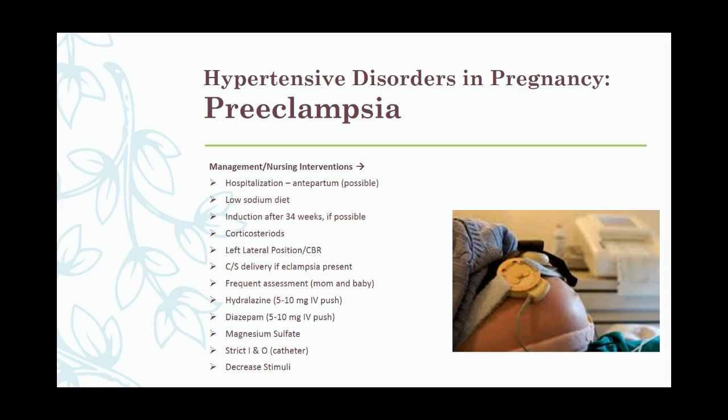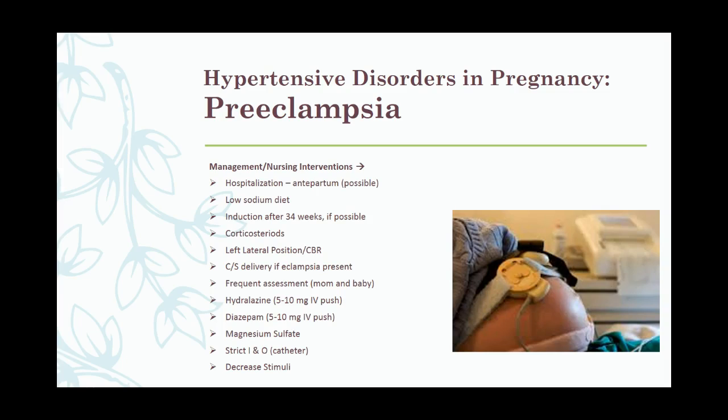Magnesium sulfate IV is also another drug that we use probably more frequently than the others to manage preeclampsia. We do strict I's and O's, so these people will have a catheter, an indwelling Foley in place, because we want to monitor very strictly their intake and output. And then we decrease stimuli as much as we possibly can.